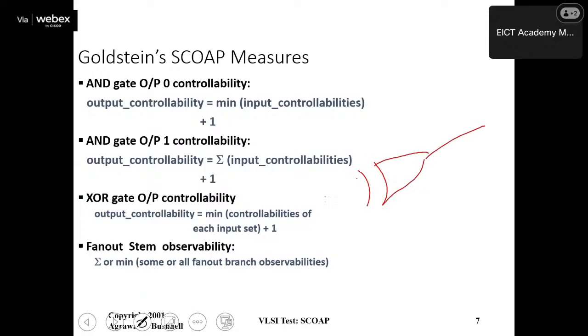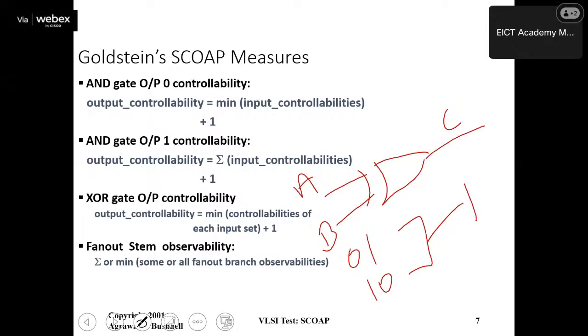I'm just taking one example. This is A, this is B, and this is C. With the truth table, I can have these two combinations when the output is 1. So if I want the controllability CC1 at C, it should have A equal to 0 plus B equal to 1, comma, A equal to 1 plus B equal to 0.